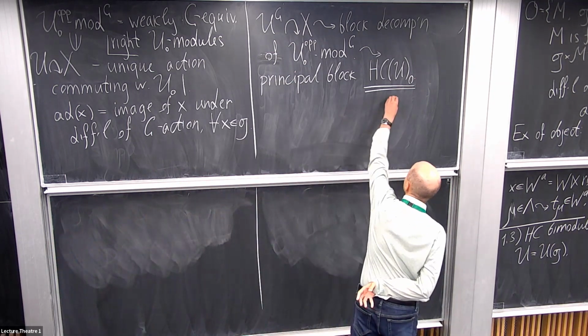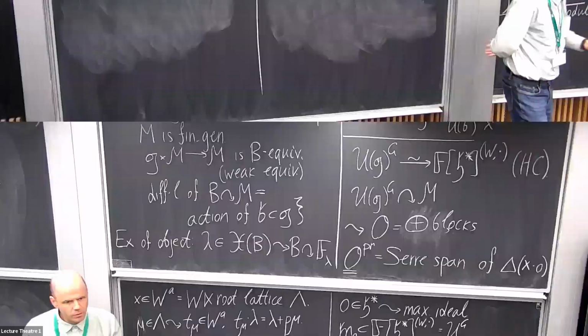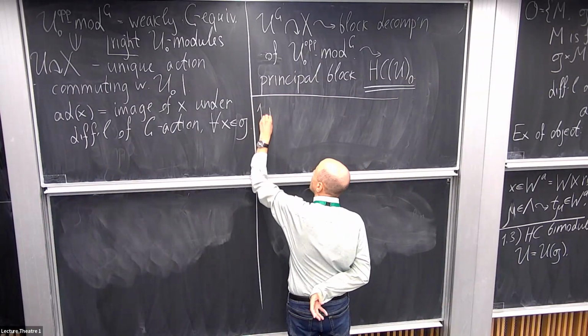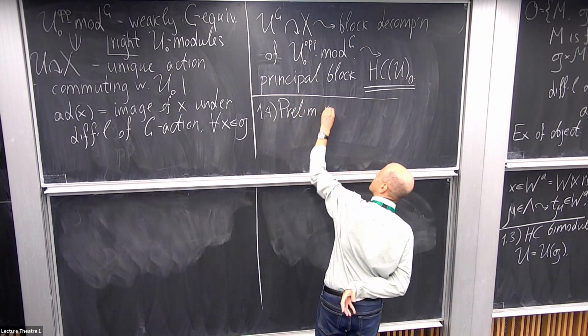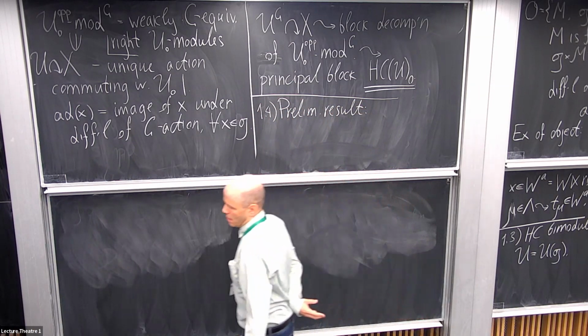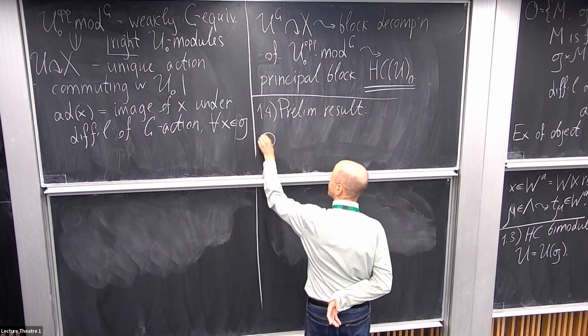Okay, so let me just give you a preliminary result, and then I'm going to make it more precise and tell you something about a proof. In the second part of the talk, the preliminary result is the following equivalence of derived categories.